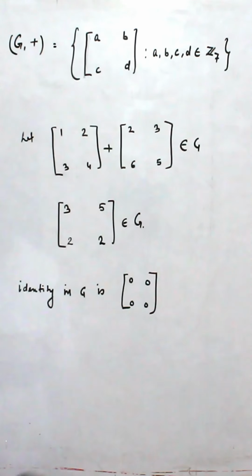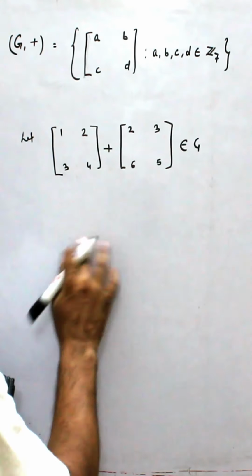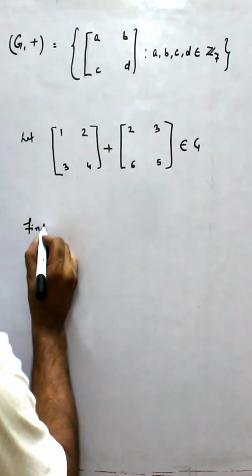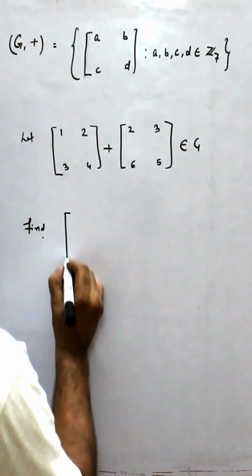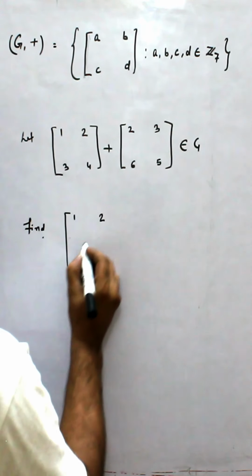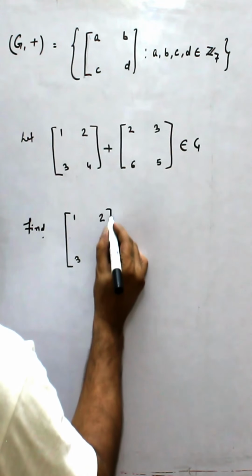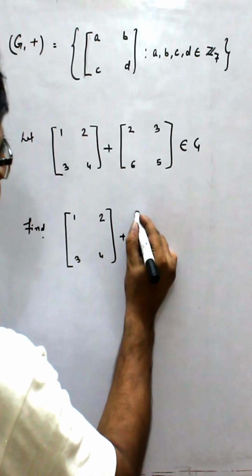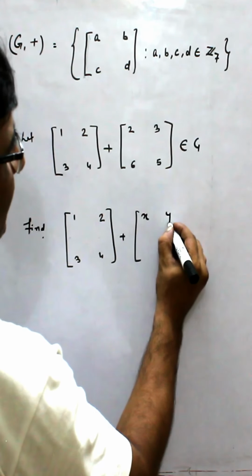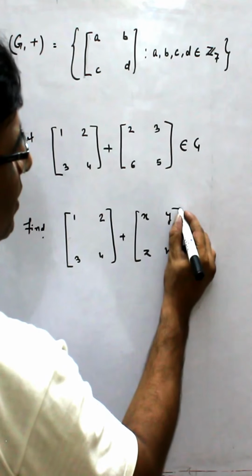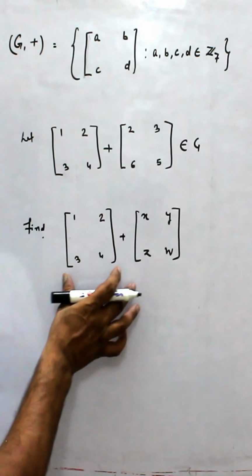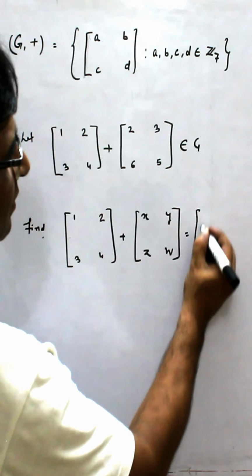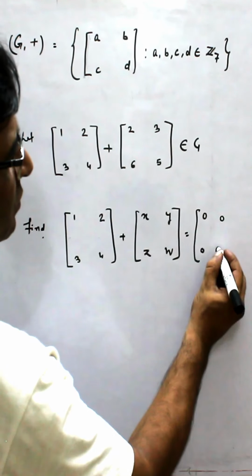If I am asked what is the inverse of this matrix, our question is to find the inverse of 1, 2, 3, 4. Let us suppose the matrix x, y, z, w is the inverse. Now what is the definition of inverse? When the inverse is added, we get 0 0 0 0.